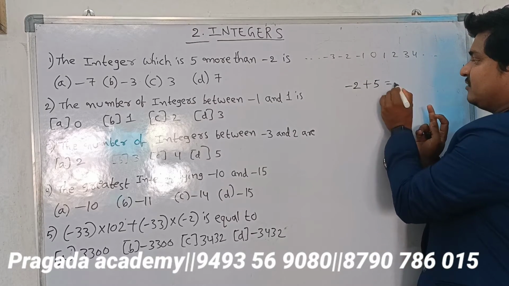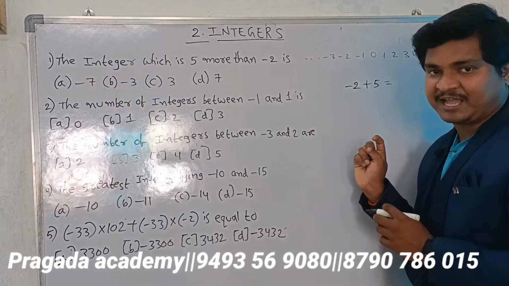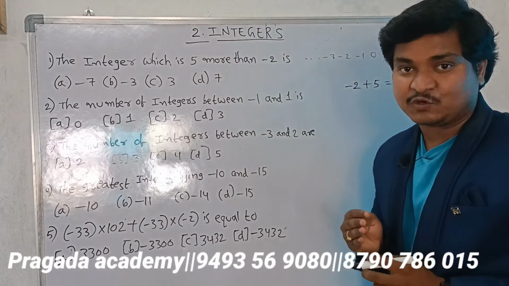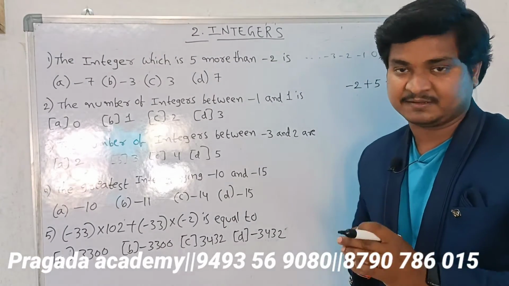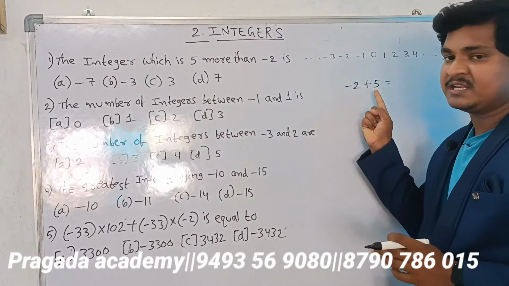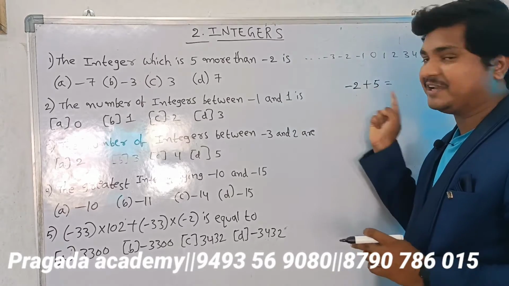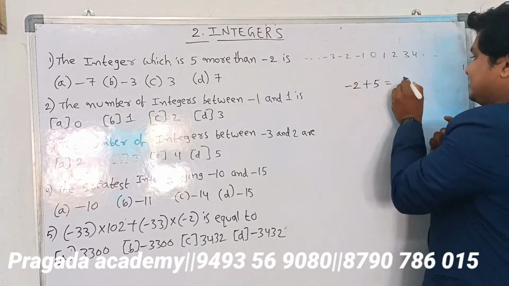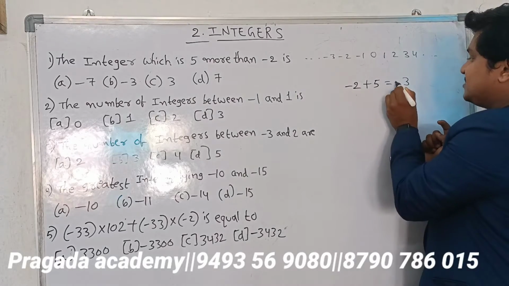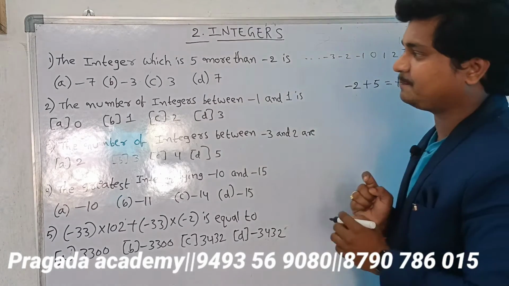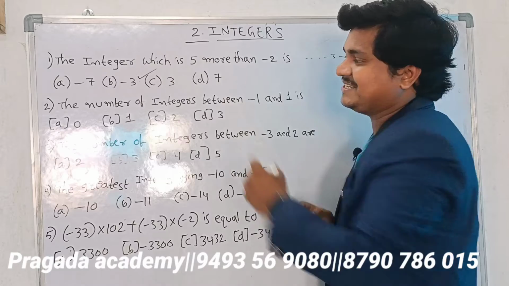If we have the opposite sign we need to apply the subtraction. If we have the same sign we need to apply the addition and take the same sign. But if we have the opposite sign we should apply the subtraction, and also we should take the sign of the bigger number. So 5 minus 2 is 3, and the bigger number has the sign plus, so you will get +3. Which option is correct, +3 or 3? Both are same. Option C is correct.